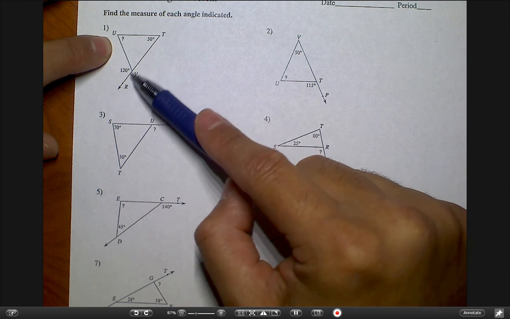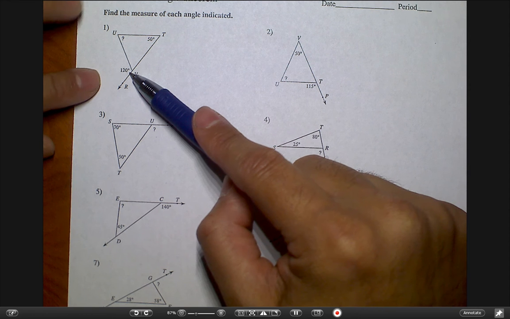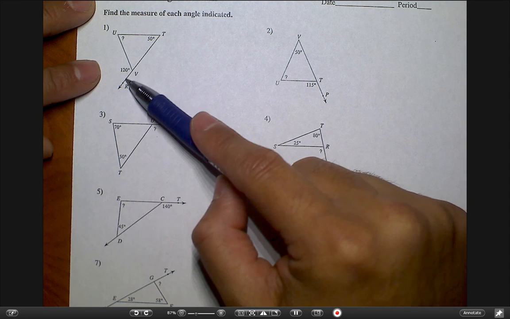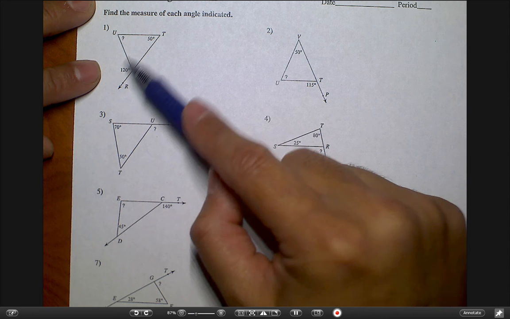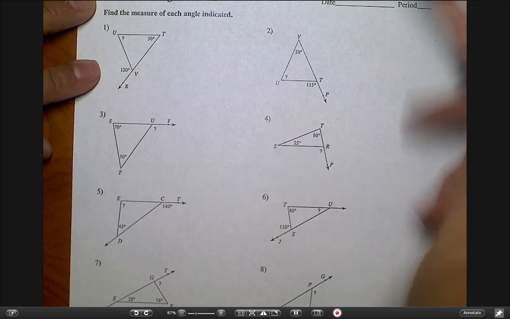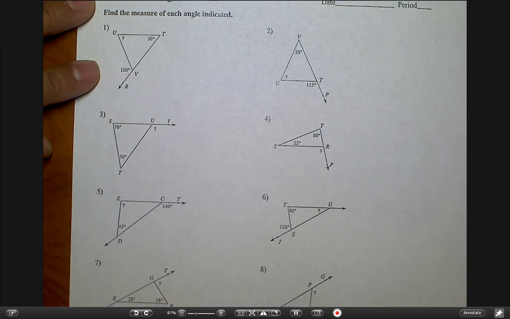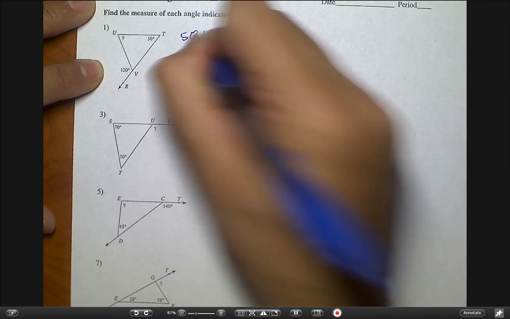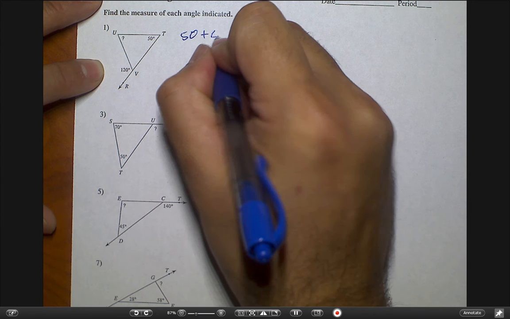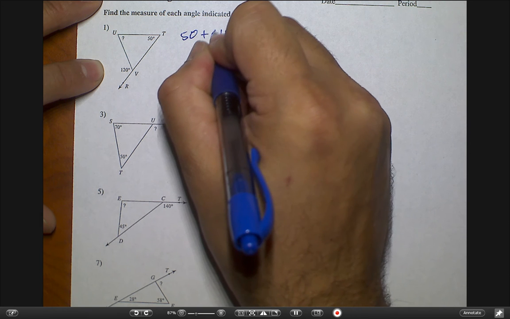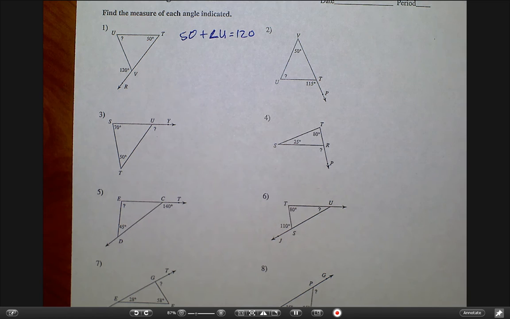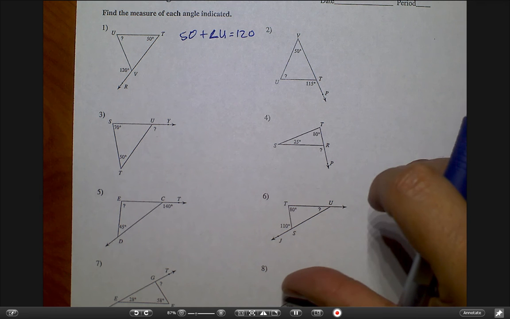Okay, so to solve for that one, that means that V is my exterior. Very good. So how would I set this up to solve for this? So 50 plus angle U equals 120. Very good. Okay, I'll let you guys do that.